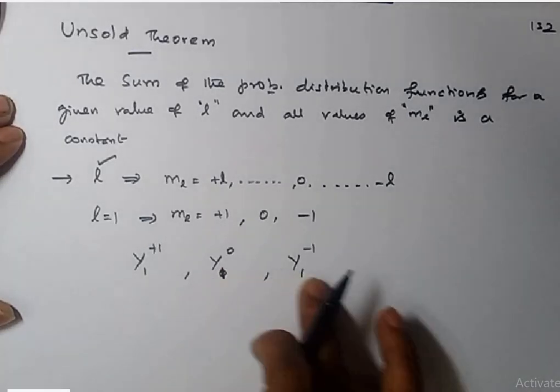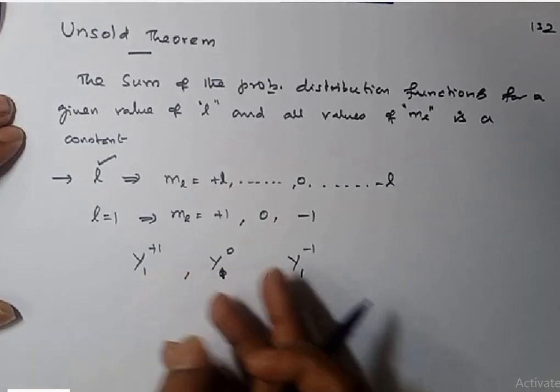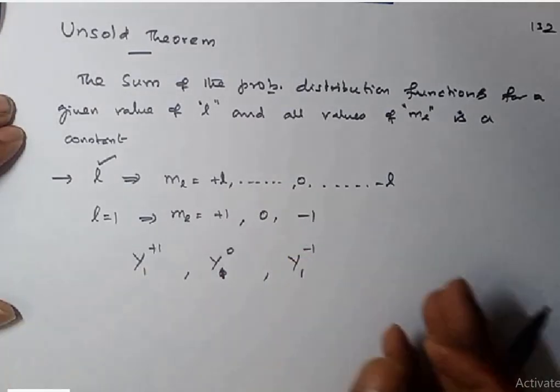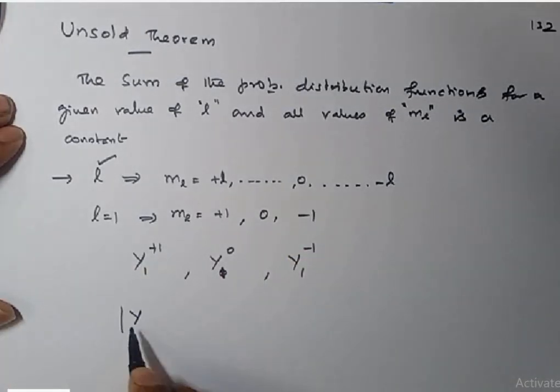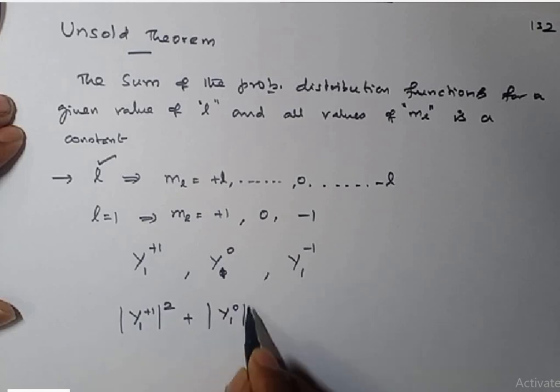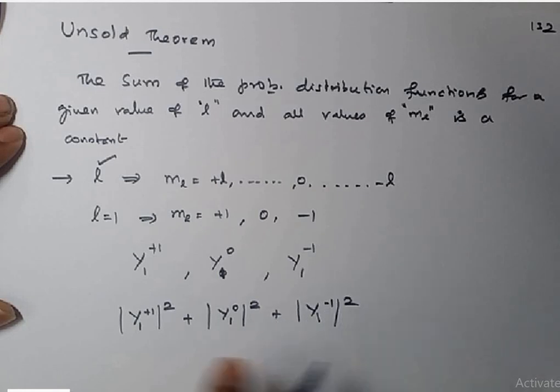Now take the probabilities of these. How do we take these? Take the wave function, the spherical harmonic function, take its square modulus and add them. Square modulus of this function, then square modulus of this function, and square modulus of this, is called the probability distribution function.